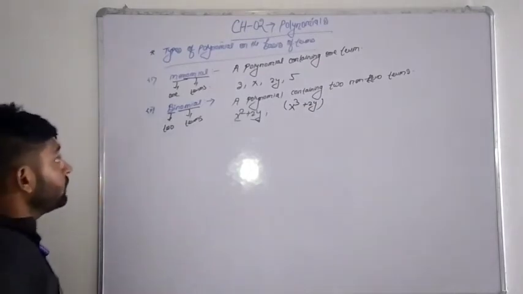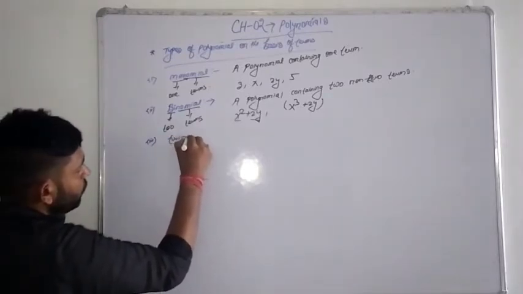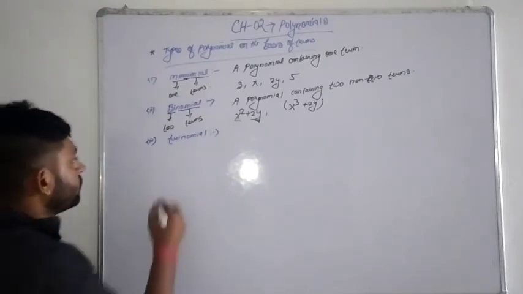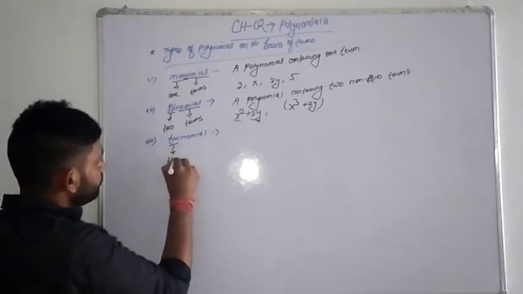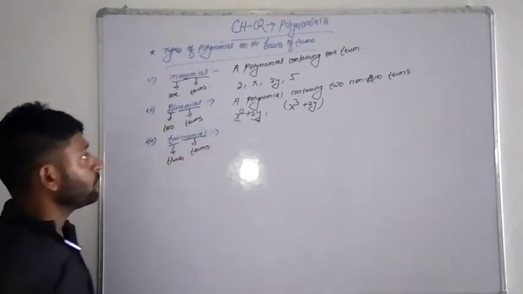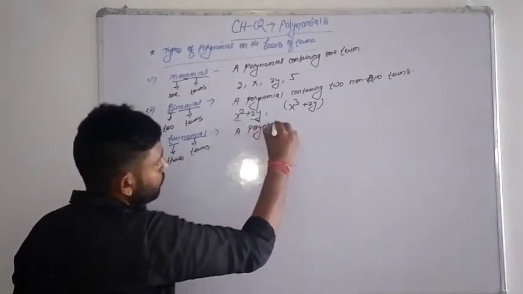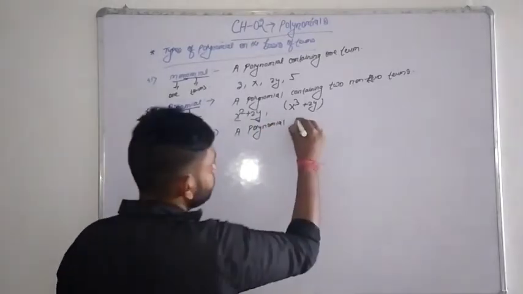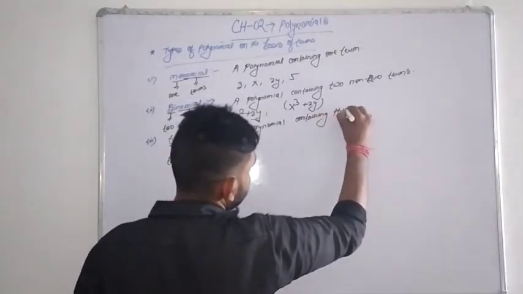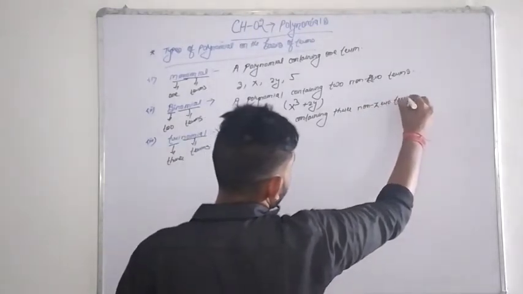And number 3, trinomial. Tri means 3, and nomial means term. So, trinomial means a polynomial containing 3 non-zero terms.